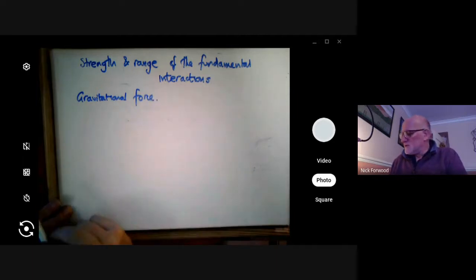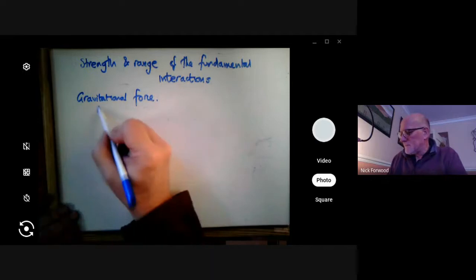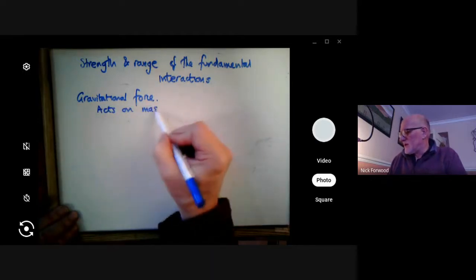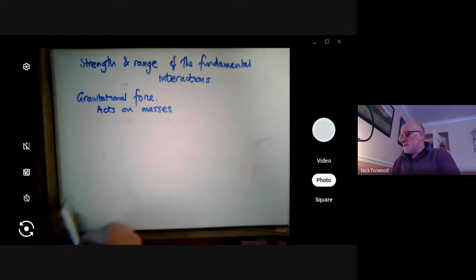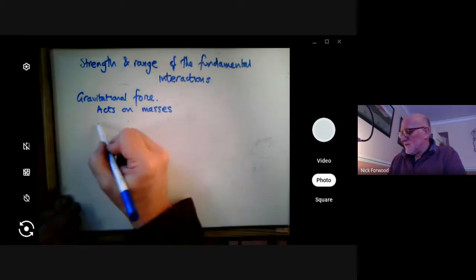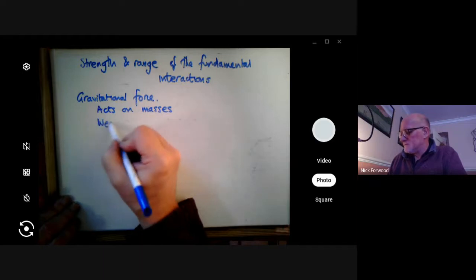Now, the gravitational force, as we have already said, acts on masses, and that's like masses that we can actually see and explain, things like the sun and the earth, apples falling off trees and hitting the earth. It's in fact the weakest of all the four forces.